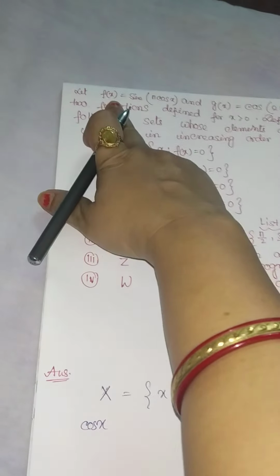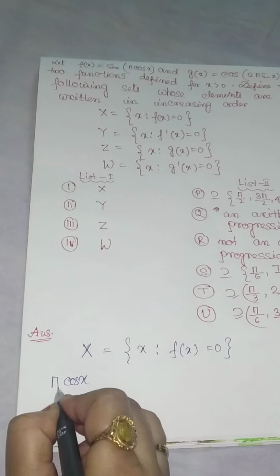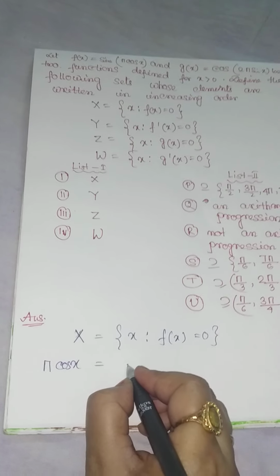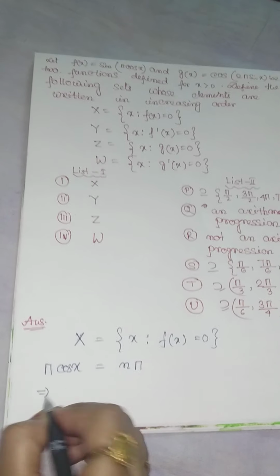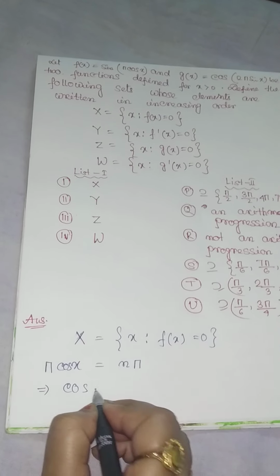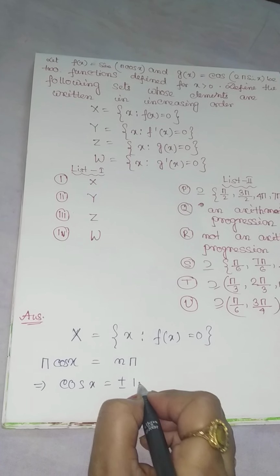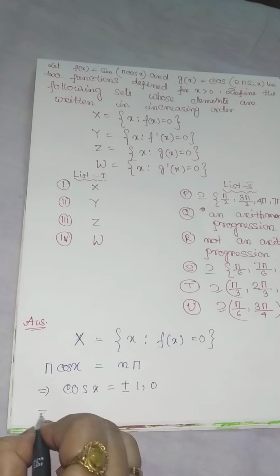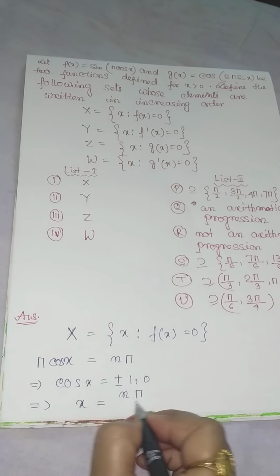As f(x) = sin(π cos x), therefore π cos x = nπ. That implies cos x = ±1, 0. That implies x = nπ/2.